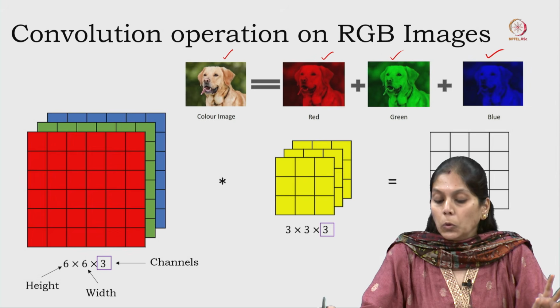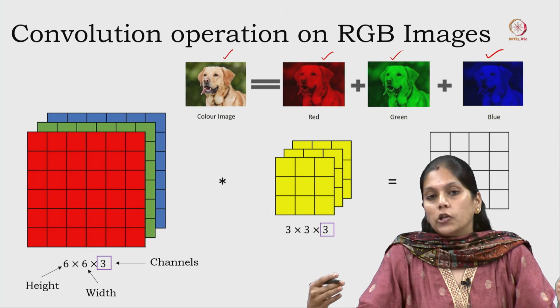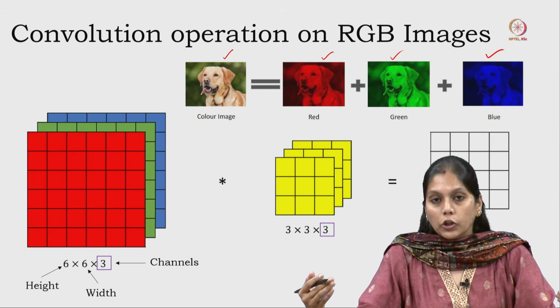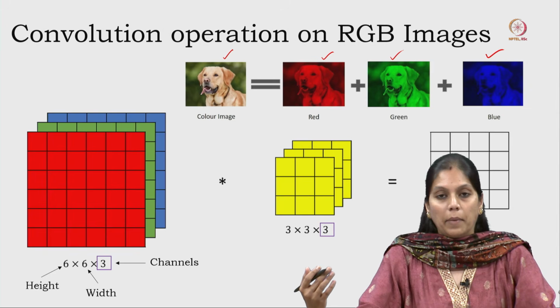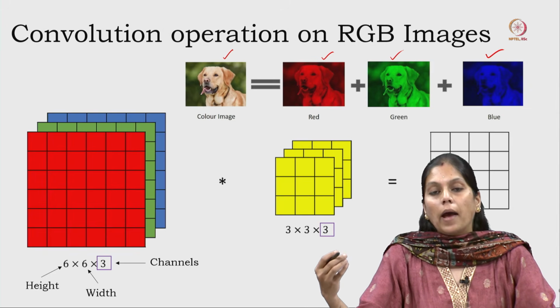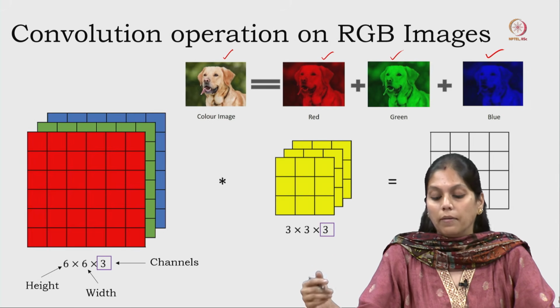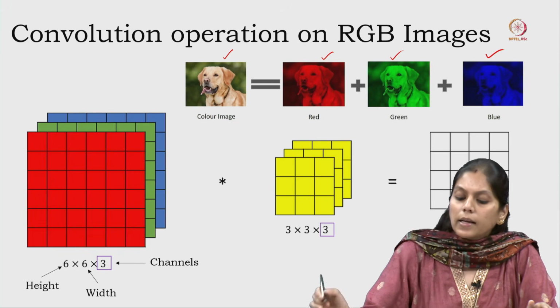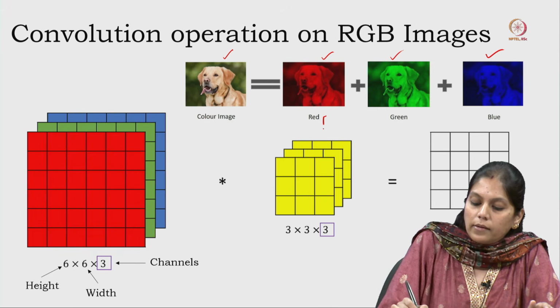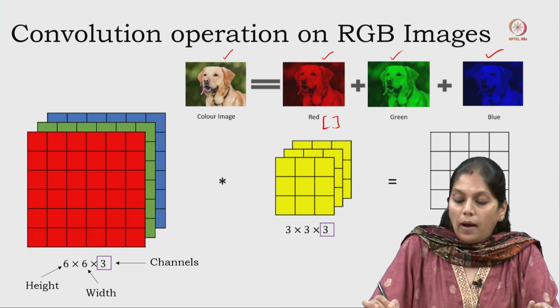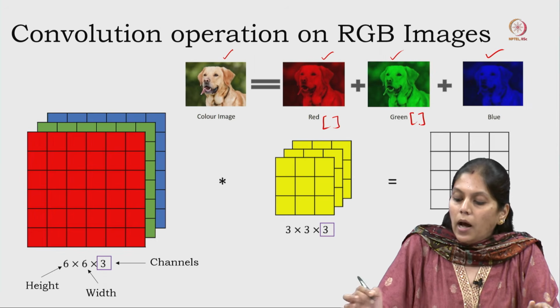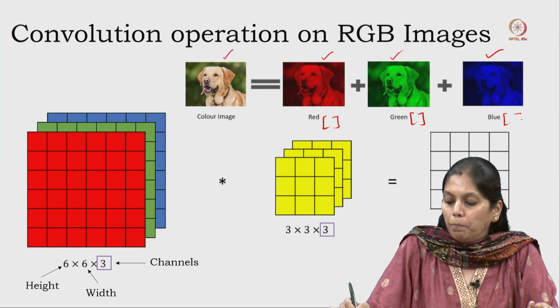We know that an image is a matrix representation. For a system, it is a collection of pixels, a grid of pixel values. If that is the case, we will have one matrix for red, one matrix for green, and one matrix for blue.